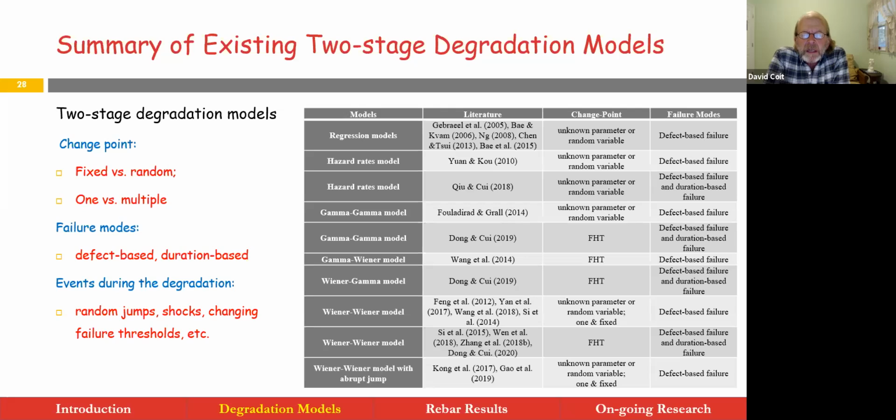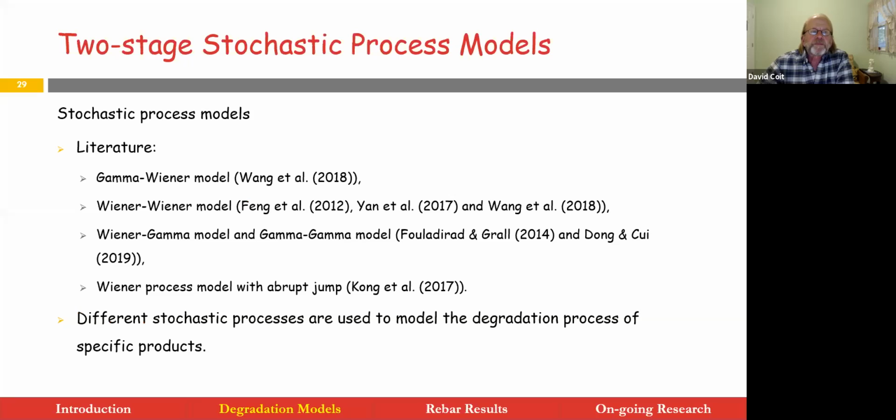And we see there's fixed versus random change points. You can have one change point or more than one. You can have defect-based failure modes or duration-based other things. Now, none of these models have covariates, which we're going to propose for the rebars. By covariate, I mean stress variables. Stress variables which will influence those stage 1 and stage 2. I need to move more quickly.